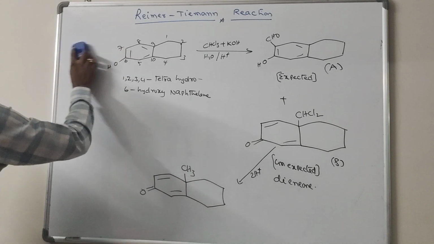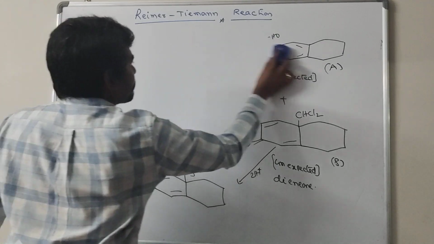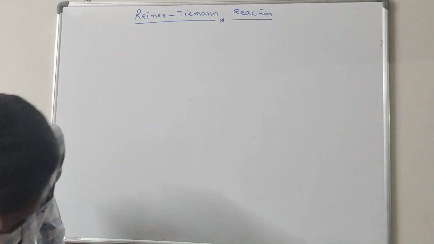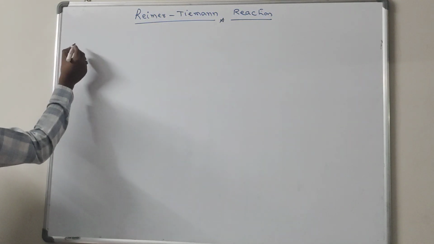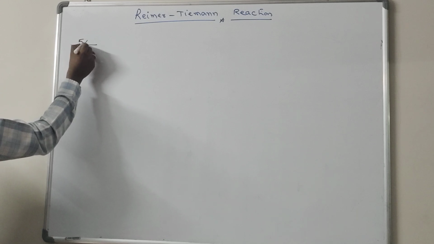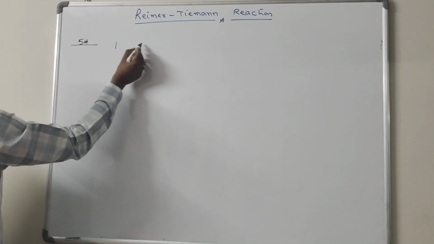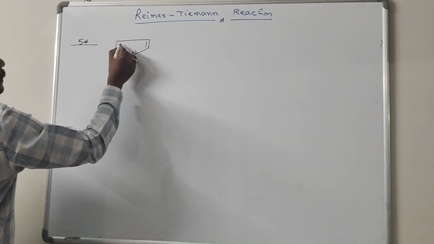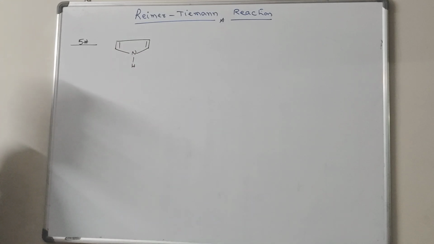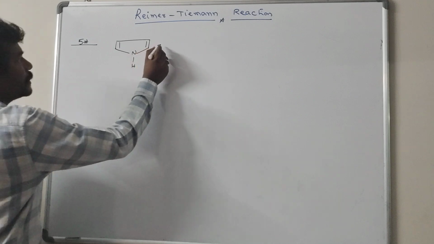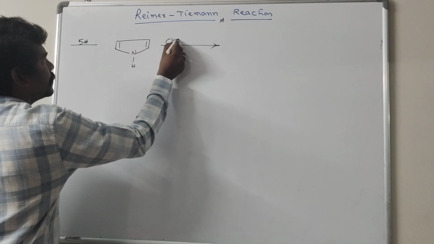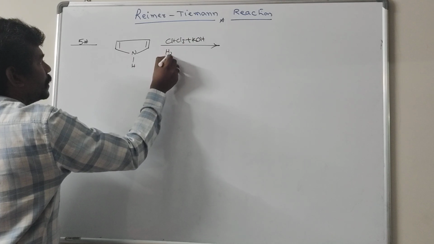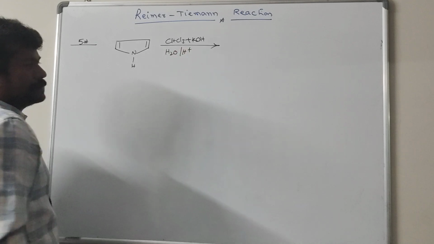What happens when pyrrole, which is a 5-membered heterocyclic compound, undergoes the Reimer-Tiemann reaction, alkaline chloroform, hydrolysis followed by acidification?